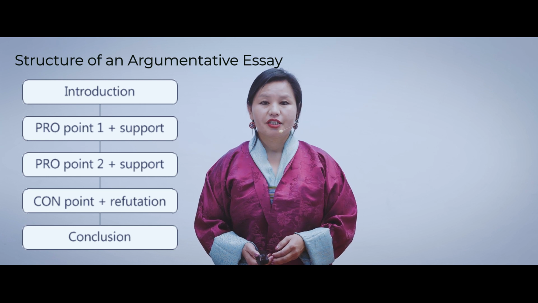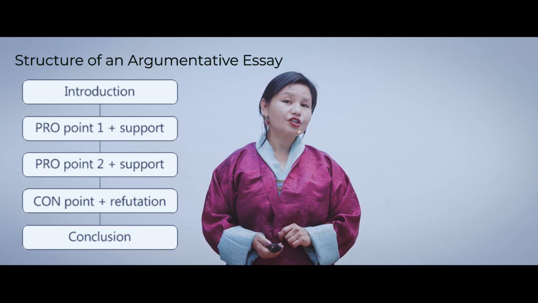So students, so far we were looking into the different types of essays. We were trying to recall, we looked into the definition of argumentative essay, and also we looked into the differences between argumentative essay and persuasive essay. Now let us look further and see the structure of an argumentative essay.